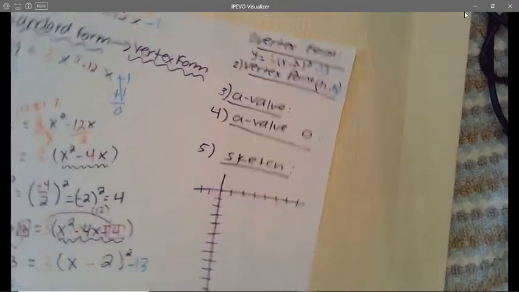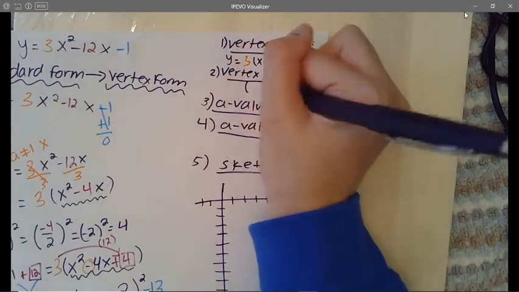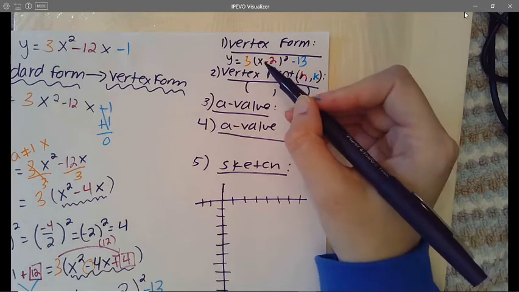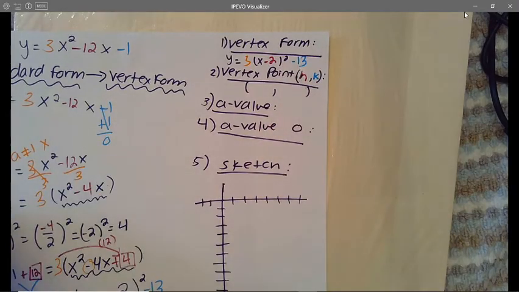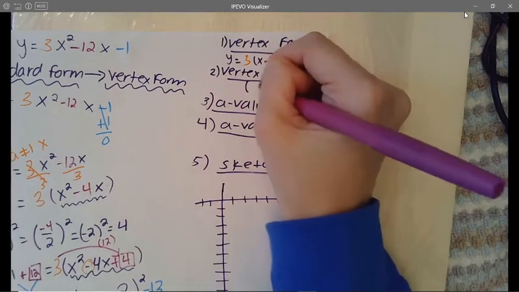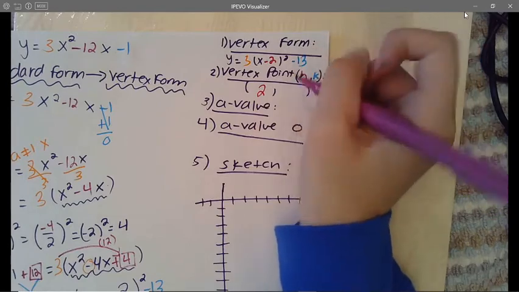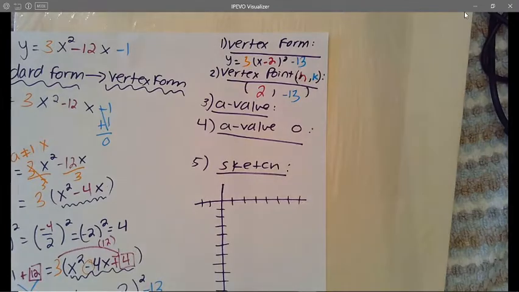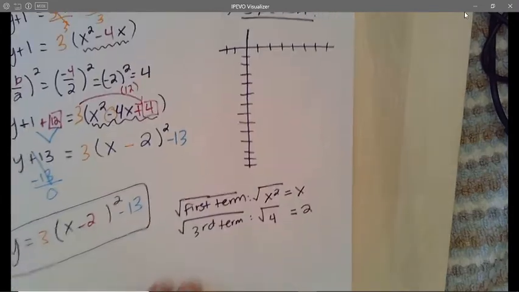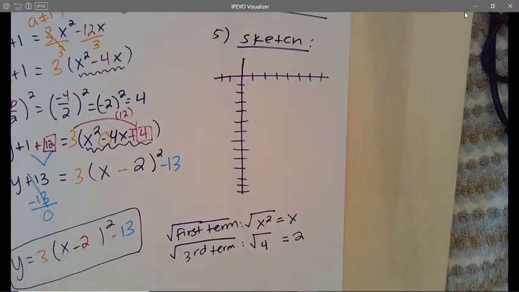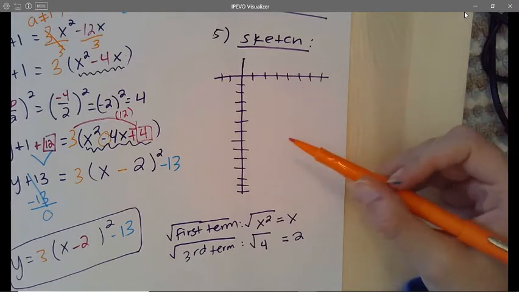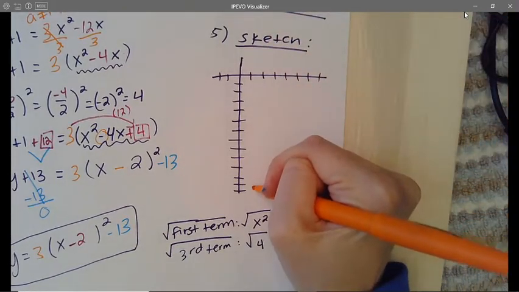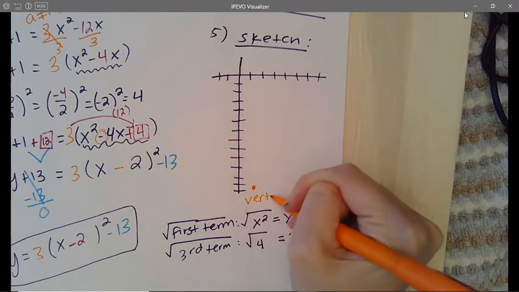Let's identify the vertex point, or the h and k. Don't forget, you guys, for the h you've got to flip that sign, so the opposite of negative 2 is positive 2. Then I'm just going to bring on down the k, so negative 13. So I'm going to plot my vertex point at 2, negative 13. You can count that out.